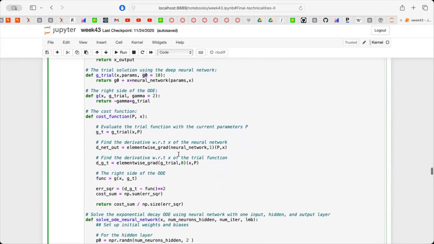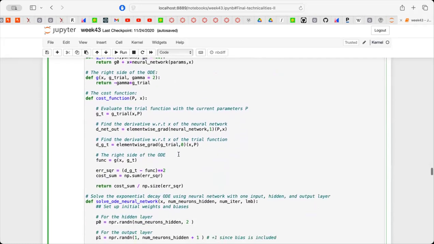My cost function, if we now look at the expression here, is simply given by the derivative, which I calculate here by using automatic differentiation. So just keep that in mind. So I take the gradients here, and then I simply subtract the function and I square the result.